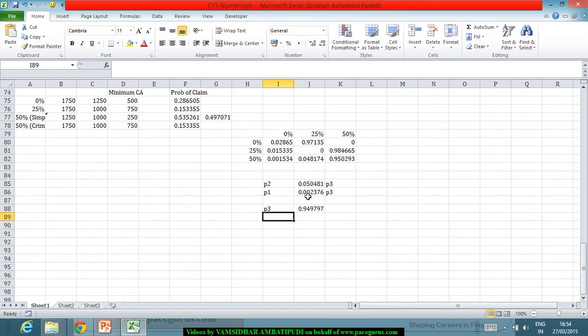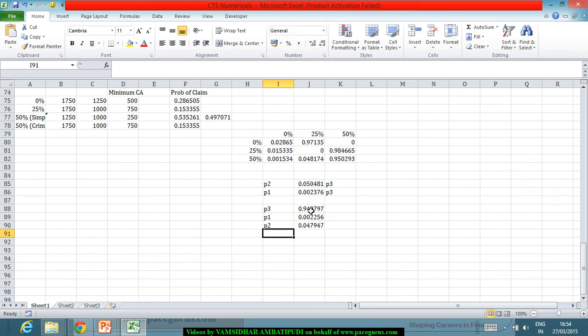So overall P3 tells me around 94.97%. Then P1 will become 0.002 times P3, which is around 0.002, and P2 will become 0.05 times P3, which is 0.04.